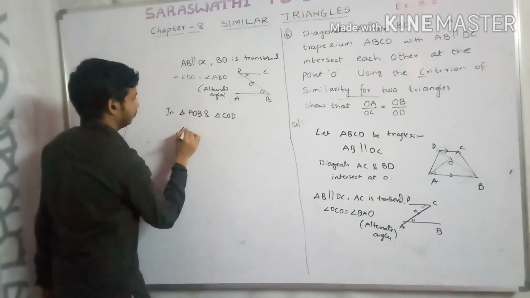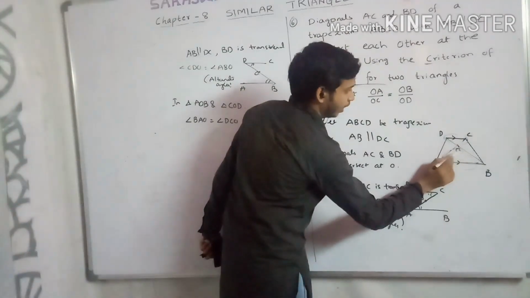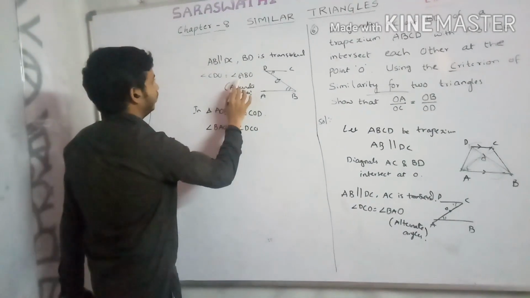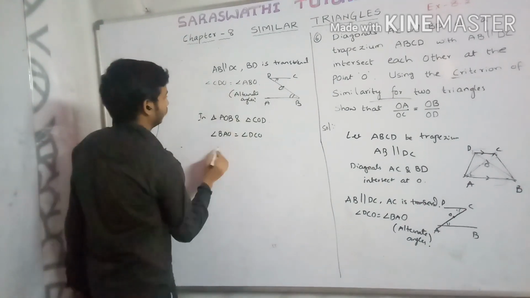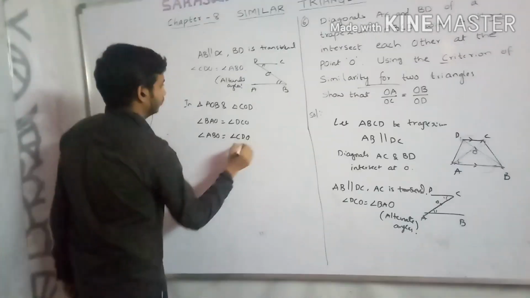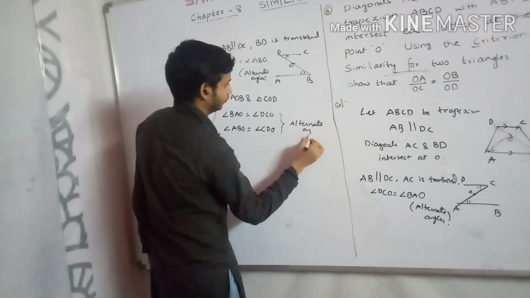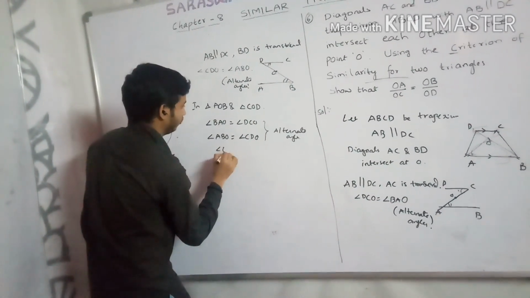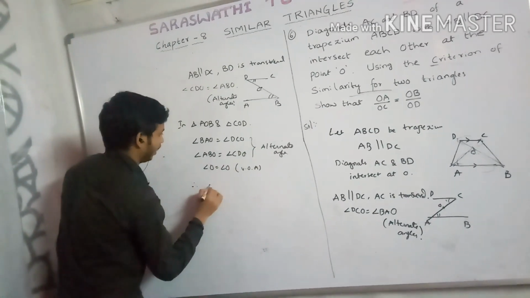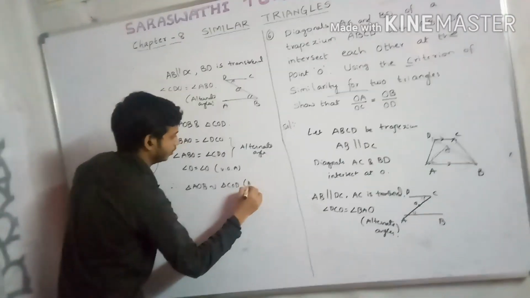Similarly, angle ABO equals angle CDO, alternate angles. And angle AOB equals angle COD, vertically opposite angles. Therefore triangle AOB is similar to triangle COD by AAA similarity.